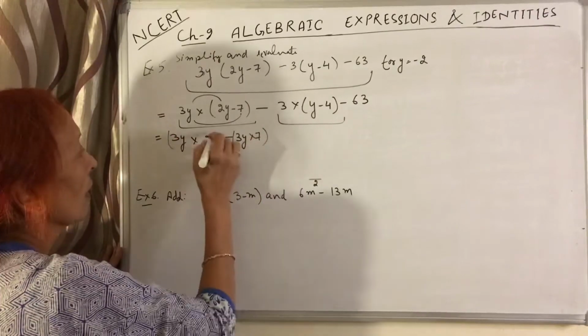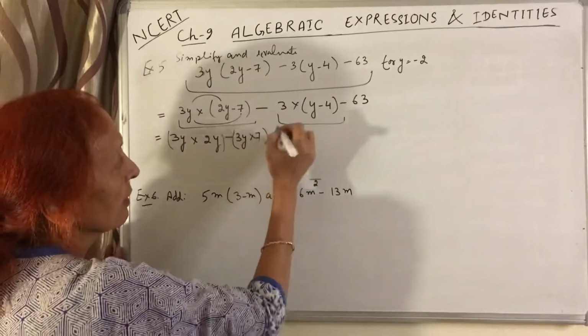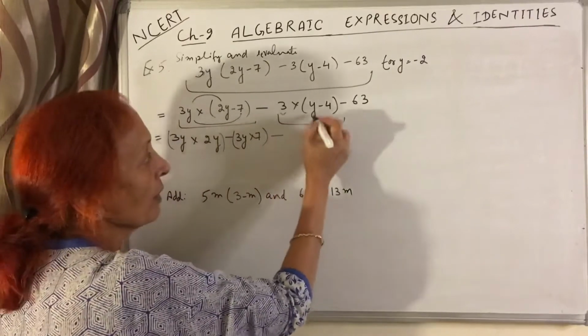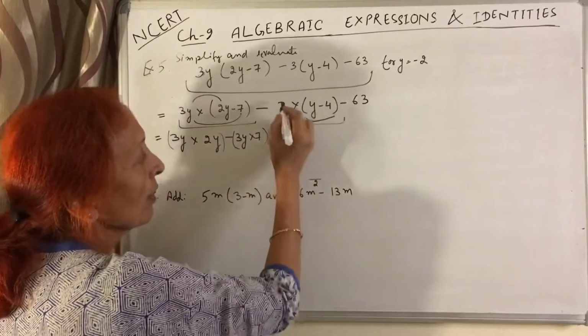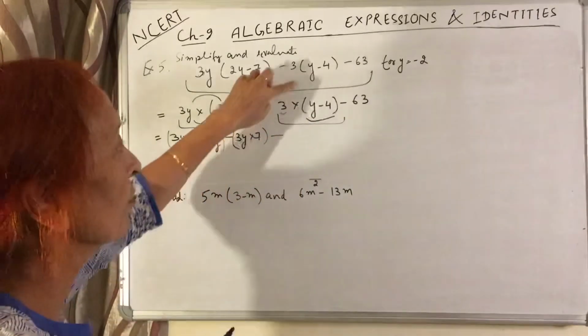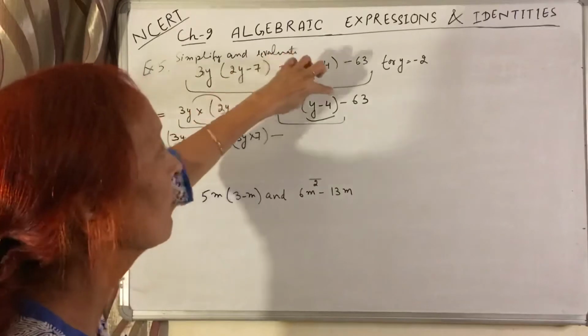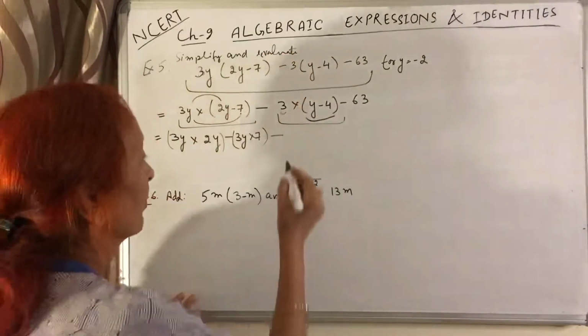This minus as it is. Here also this is a binomial, this is a binomial, same. Multiply this term with the first term, then this sign, and then the first term with the second term.